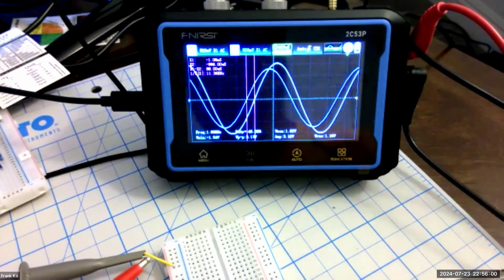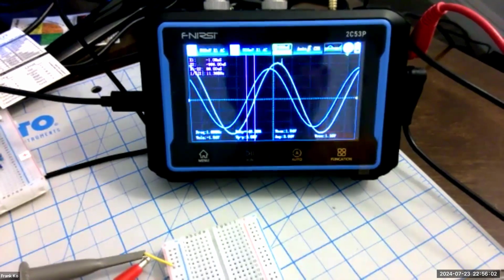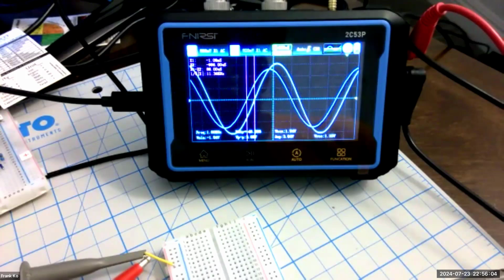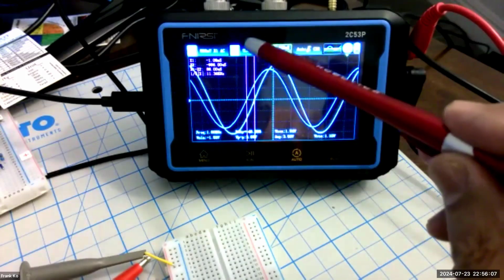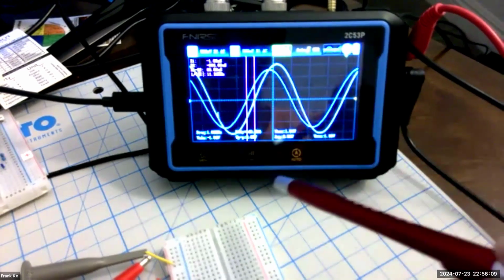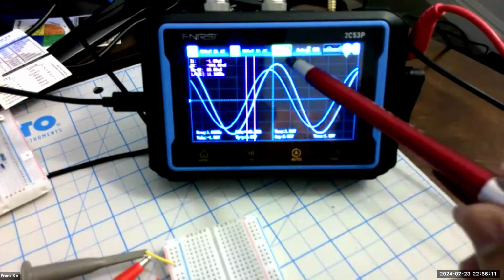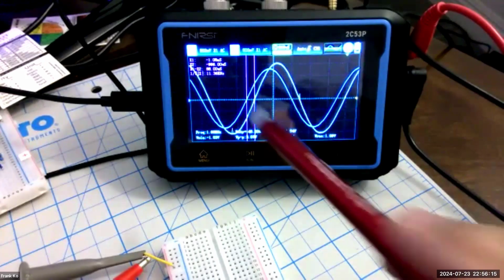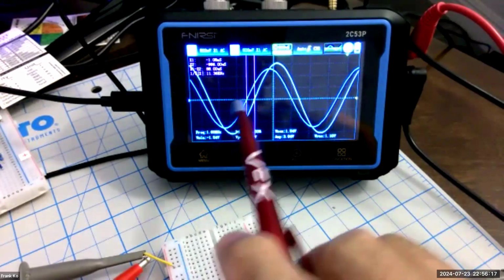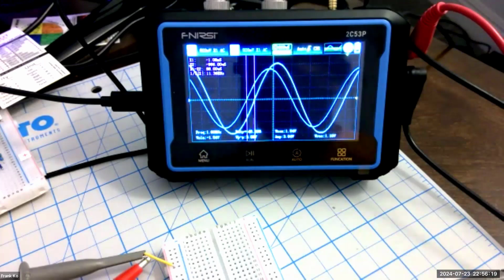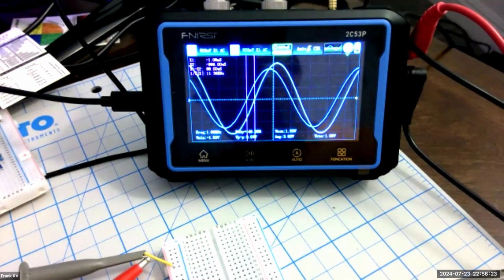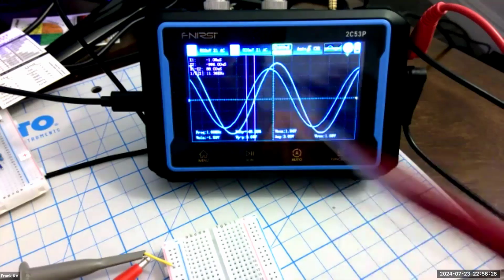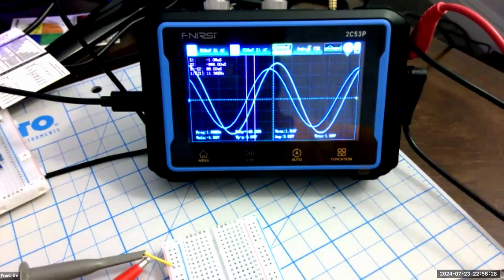And this is where I left my cursors from before. And so what this demonstrates, my friends, is I've got one cursor on the blue waveform, the smaller waveform. I've got another cursor on the secondary waveform, and the data right on the screen tells me how far apart these cursors are. What that tells me is how far apart these waveforms are in terms of time.